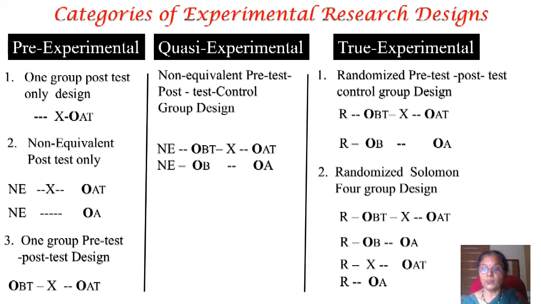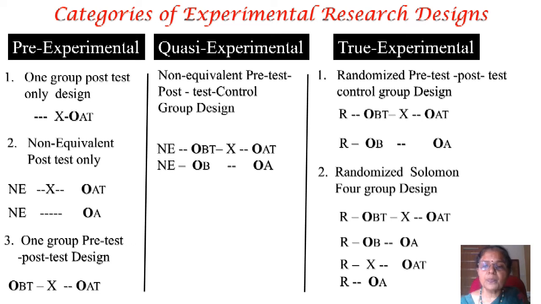If other researchers follow the same method, that is replication, they should arrive at the same conclusion. So that is external validity, the generalizability of your findings to other contexts. This Solomon 4-group design ensures both internal validity and external validity. That is the advantage of the Solomon 4-group design over the just randomized pre-test, post-test control group design.